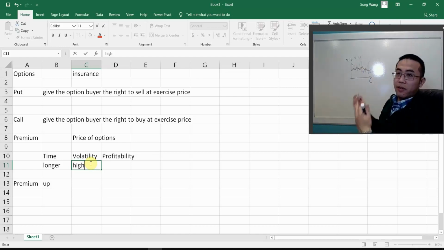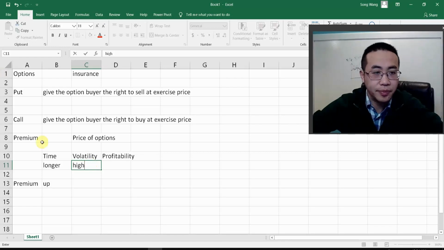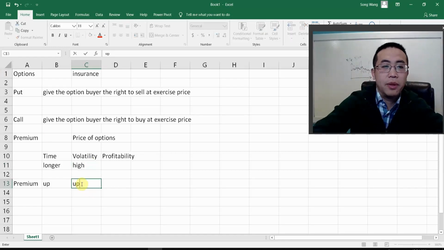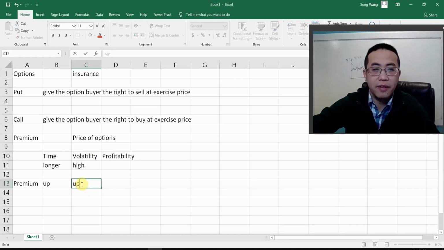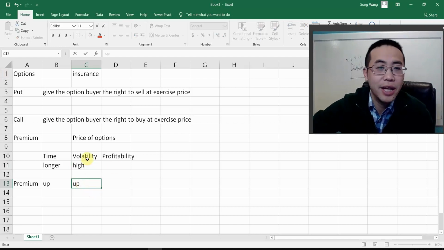So you can definitely see the Hungarian forint is more volatile, and there's more risk involved. So if the volatility is high, then the premium should be up. Of course, that option would provide more value when the volatility is high, when the situation is more dangerous.